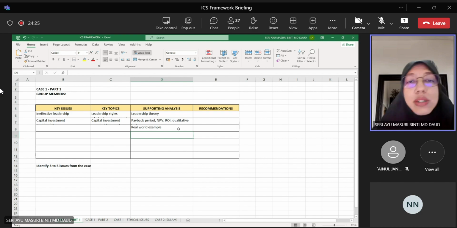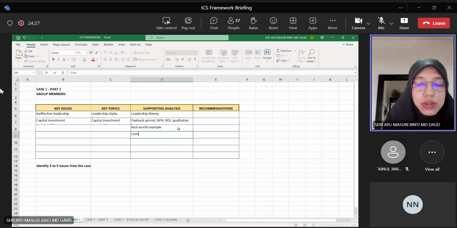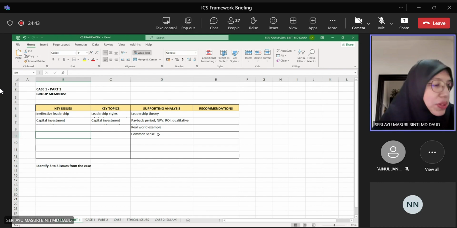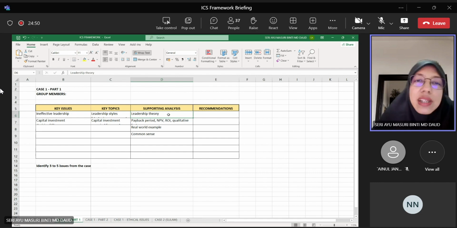Okay, if there is also no real world example, sometimes you can use common sense. This is acceptable in certain cases where the issue is just something like, well, it's very difficult for me to give an example, but you will know when you encounter these issues, you know that you don't really need any specific analysis or theory, it's just something that what we recommend is based on common sense.